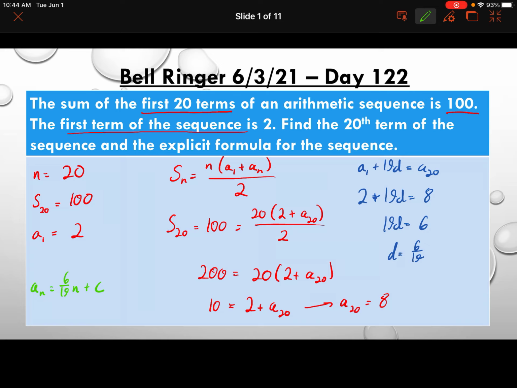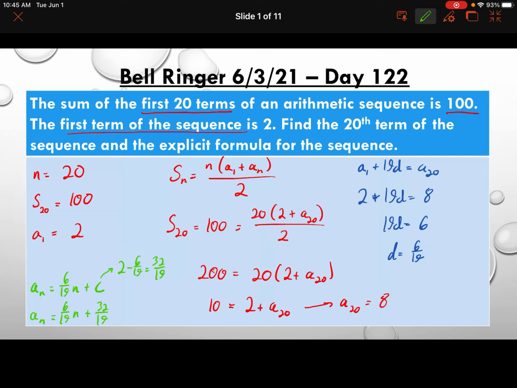Remember, c is the zero term, or in other words, the first term if you just went backwards 1 term. So that means c would be equal to the first term 2 minus 6/19, which would be 32/19. So that's our zero term. So that means the explicit formula for this arithmetic sequence would be a sub n is equal to 6/19 n plus 32/19.